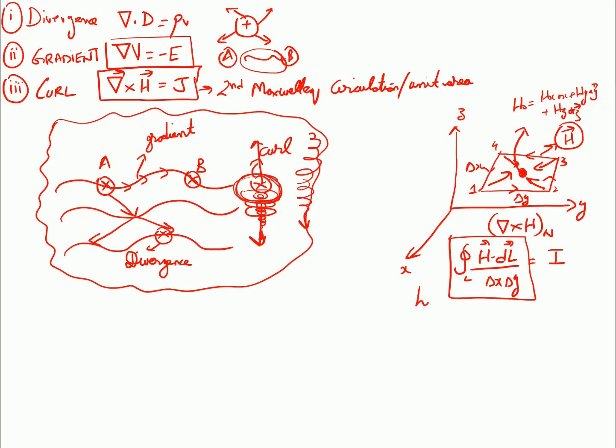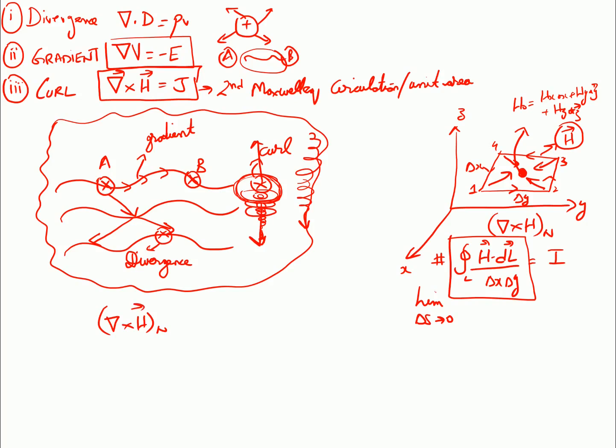So limiting delta S tending to 0 means that this field may shrink to just a point, but the rotational effect of curl will still be there. Hence we can say that this equation can be represented as curl of H.